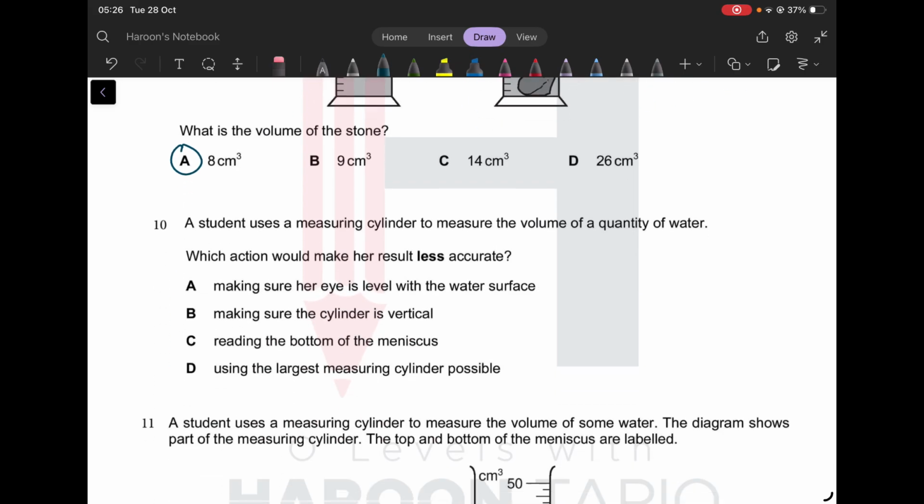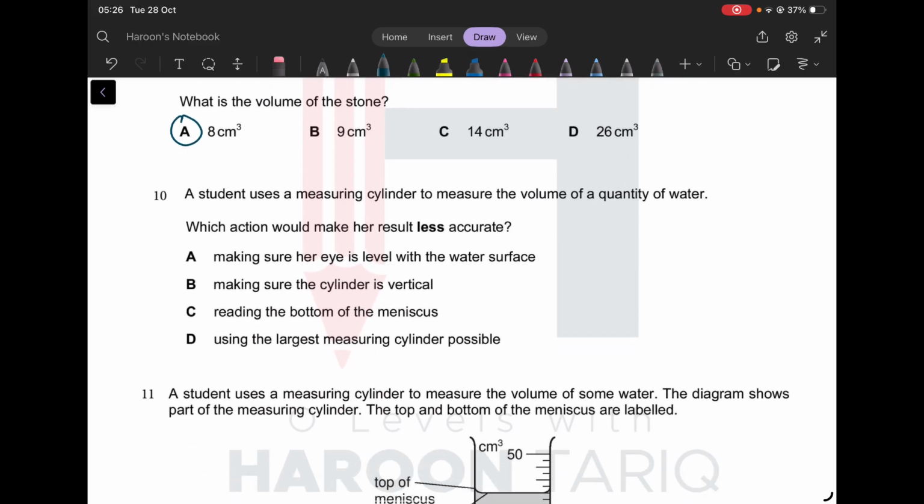Next, a student uses a measuring cylinder to measure the volume of a quantity of water. Which action would make her results less accurate? So whichever is more accurate, we can cancel it out and eventually we'll have the less accurate one left. Making sure her eye is level with the water surface, this would improve the reading. We are looking for less accurate, not more accurate.